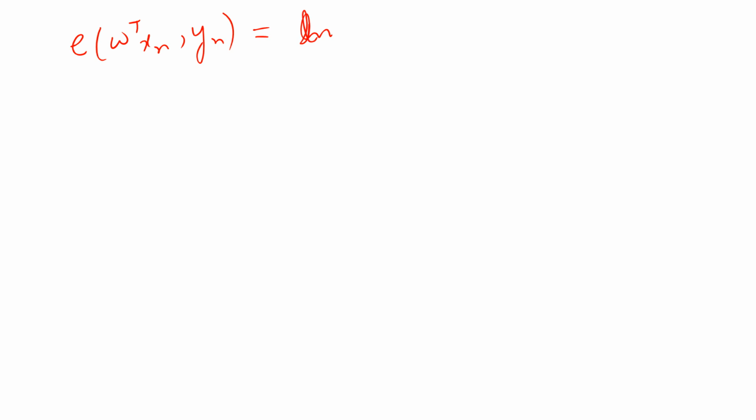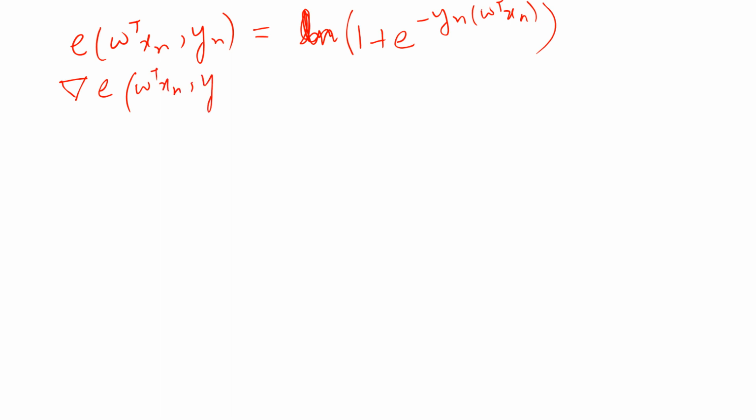So this is going to be ln(1 + e^(-y_n w^T x_n)). Well, that's great. Again, we have a very nice function because this is differentiable, and so we can definitely calculate the gradient of E with respect to w. That's fine. You just differentiate this right here.